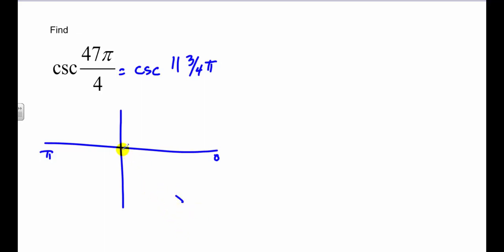somewhere around pi over 4 away from that horizontal axis there. I know coordinates of pi over 4 are root 2 over 2 and root 2 over 2. However, the y is negative since I'm in my fourth quadrant. And I'm looking for a cosecant. Cosecant is 1 over the y.